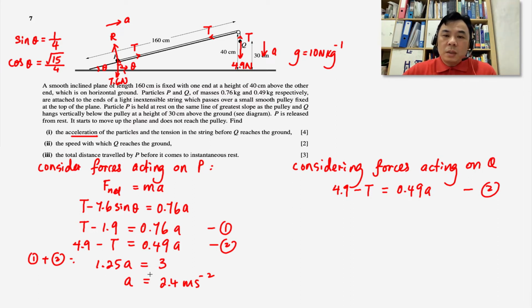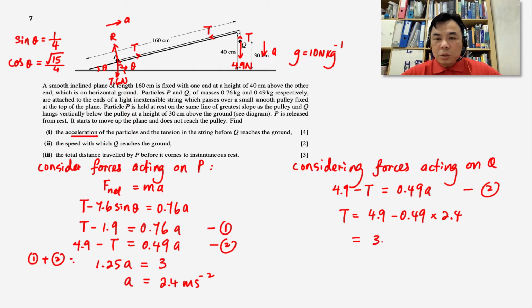Once we have obtained the acceleration, getting the tension would be quite direct. Let's assume I'm using the second equation to get the tension. By rearranging this, I will get 4.9 minus 0.49 times the acceleration, so 2.4 here. Doing a bit of calculation, minus 0.49 by 2.4, the tension will be 3.724 Newton.